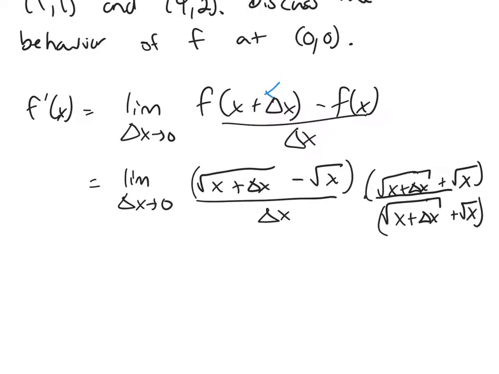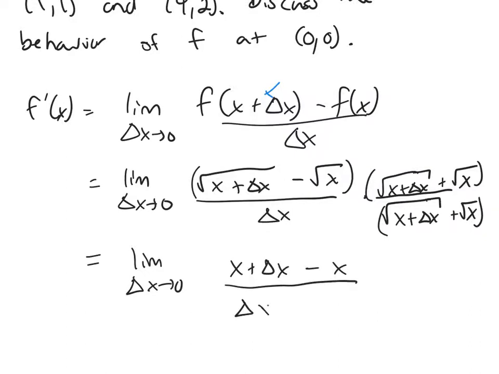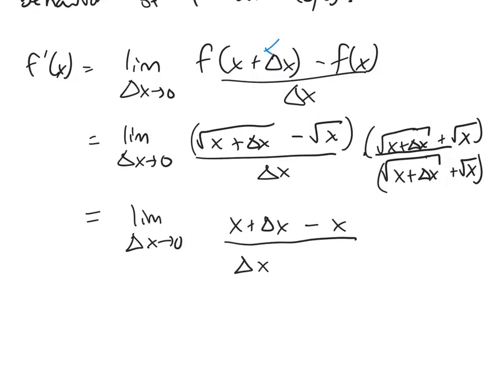So in the top, if you FOIL out the numerator, you'll get x plus delta x minus x. And you're going to leave the denominator alone. Don't FOIL or distribute anything out.